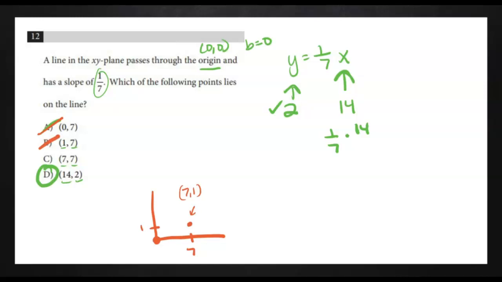And I can also eliminate letter C because 7 for the x-coordinate is going to have a y-coordinate of 1 and not 7. And again, if you wanted to make sure, here you can go up 1 to 2 and over 7 to 14. That matches for a coordinate of (14, 2).